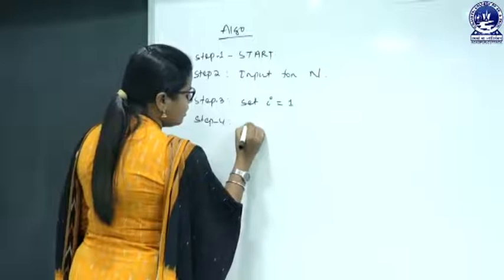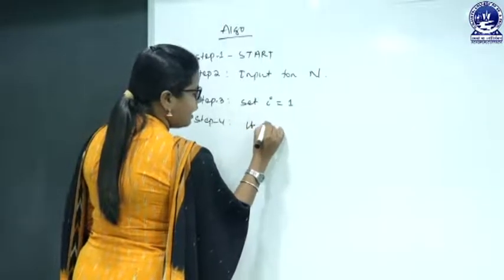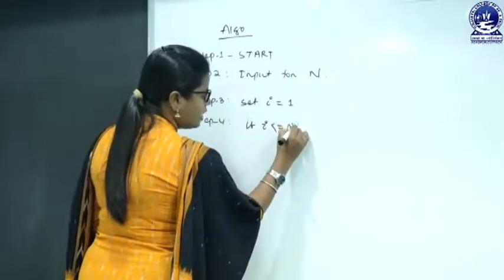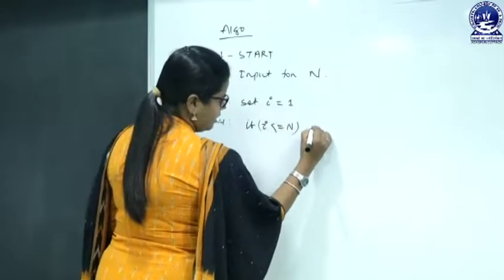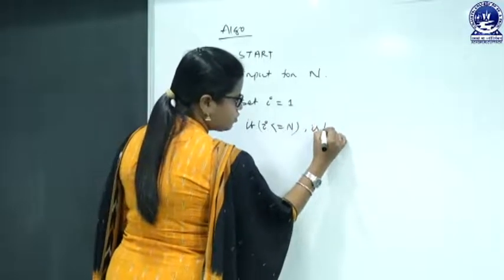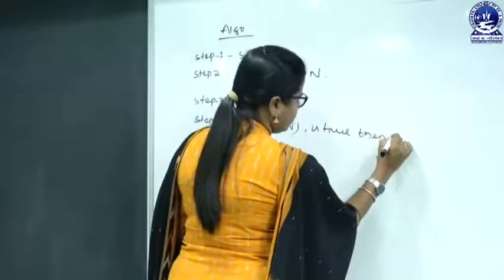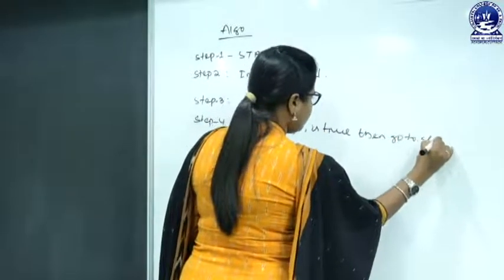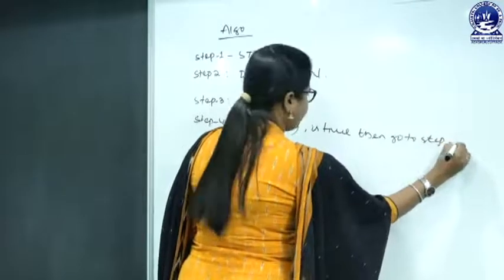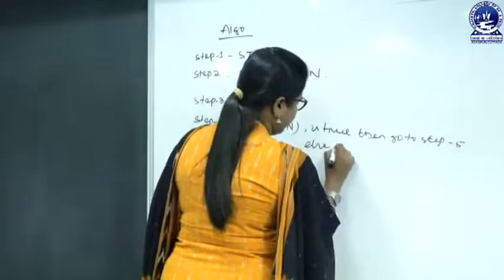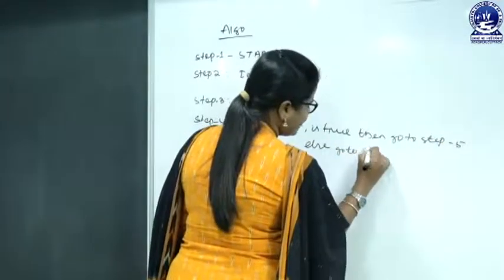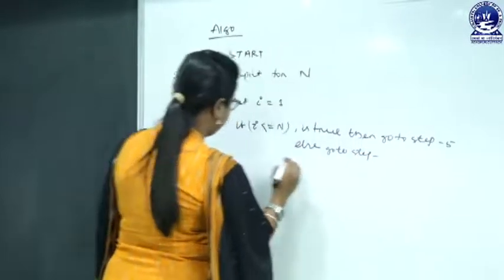So that is, if I is less than equals to n, if it is true, then go to step 5, else go to the last step that we will mention later.